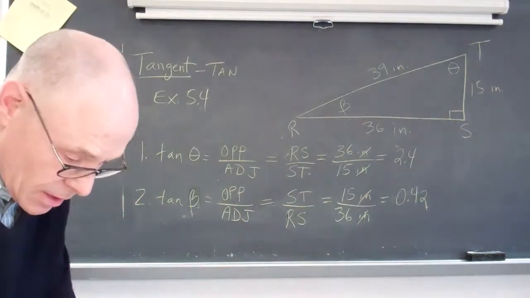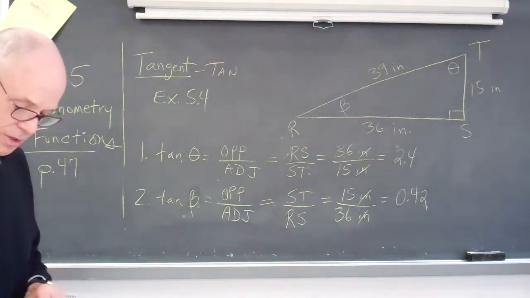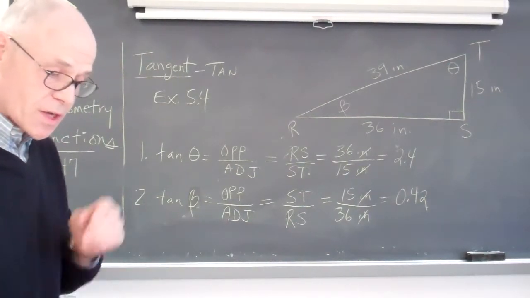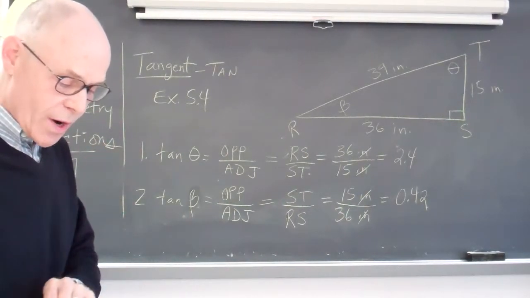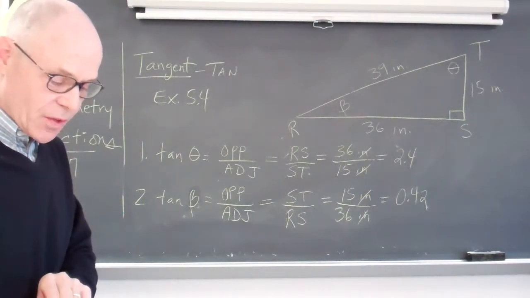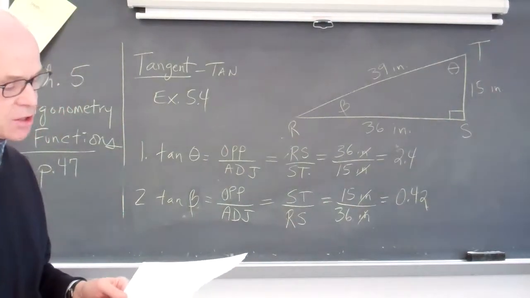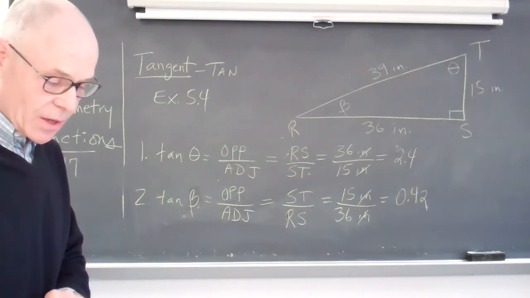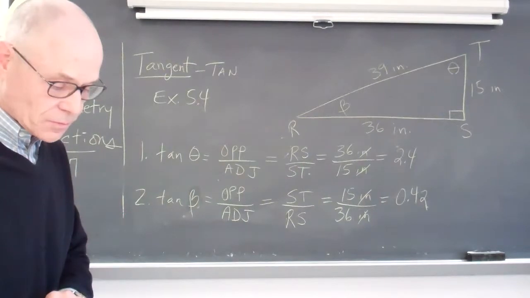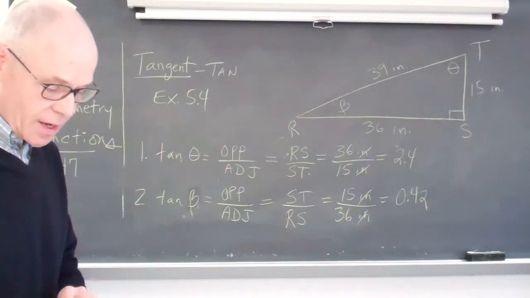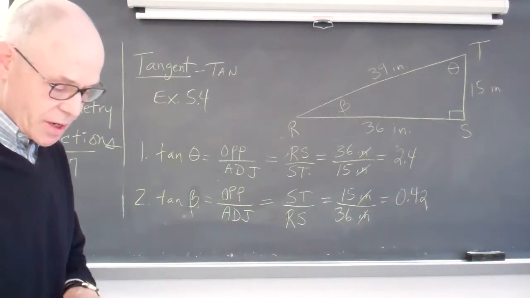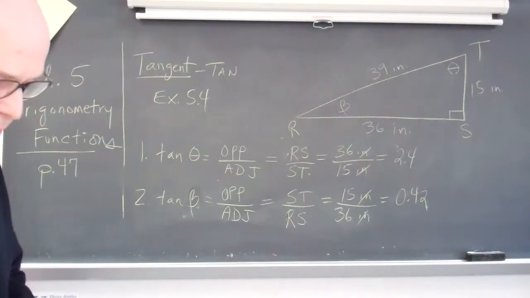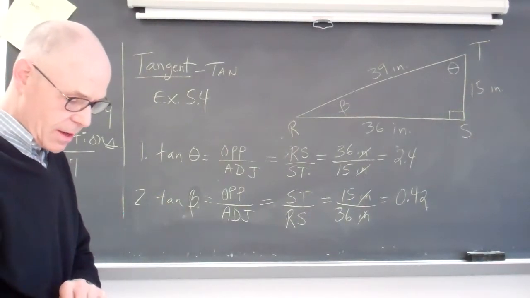All right, if we keep going, take a look at pages 53 and 54. These are two exercises that have you practice setting up the calculation of sine, cosine, and tangent. You're given a triangle and the length of two sides, and you're asked to do the same thing as in previous exercises: calculate the sine of beta, cosine of beta, tangent of beta, and the same for angle theta.